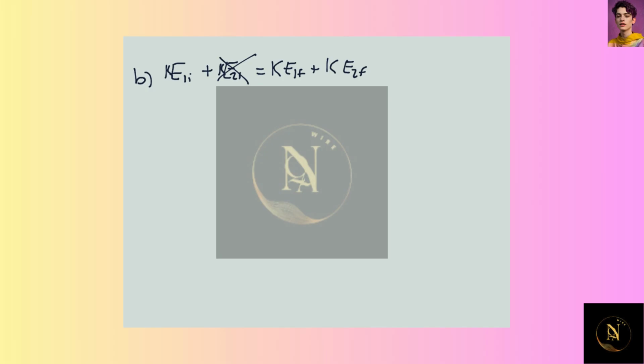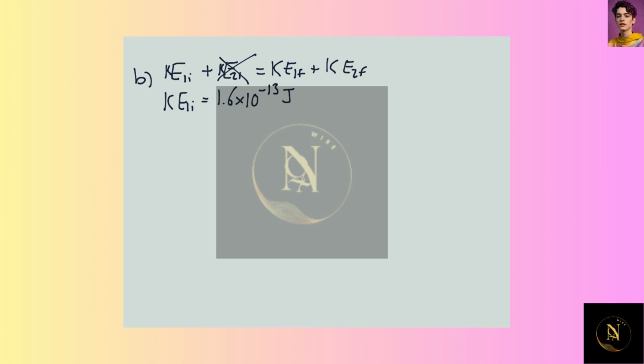We also already know the initial kinetic energy of the neutron. KE1I is equal to 1.6 times 10 to the negative 13 joules.